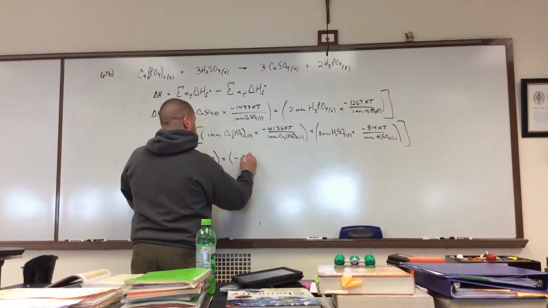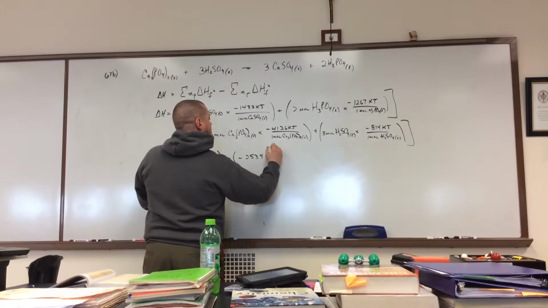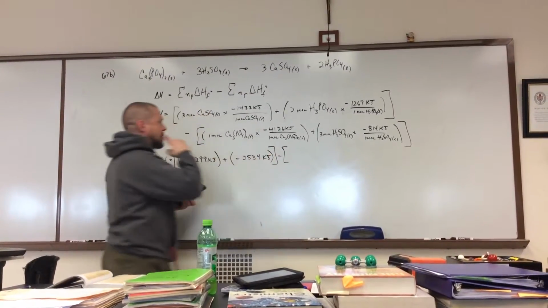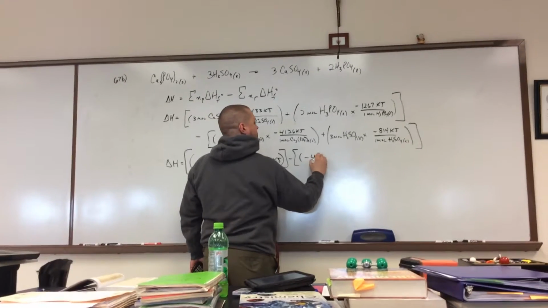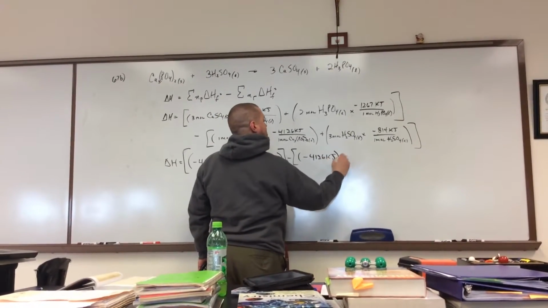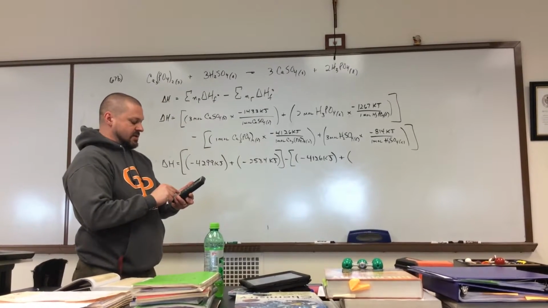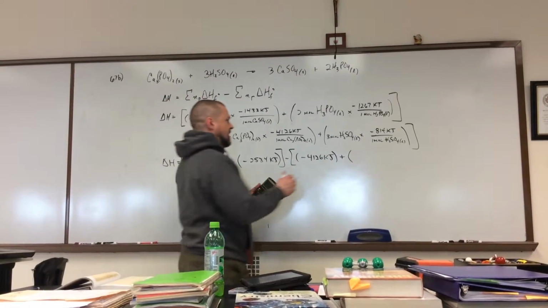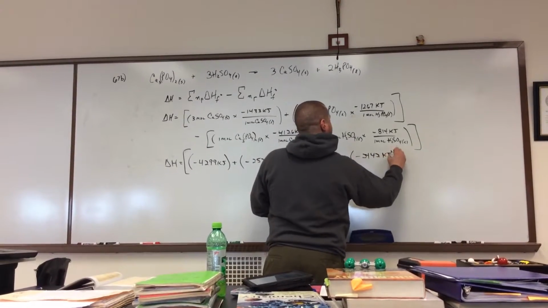That's negative 2534 kilojoules. That closes out the first set. And then the second set, that's just 1 times that. So it's negative 4126 kilojoules plus 3 times 814. 3 times 814. That's negative 2442 kilojoules.